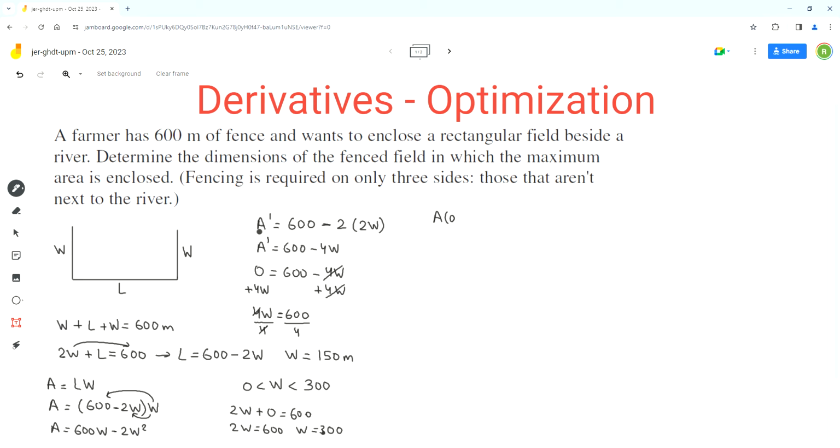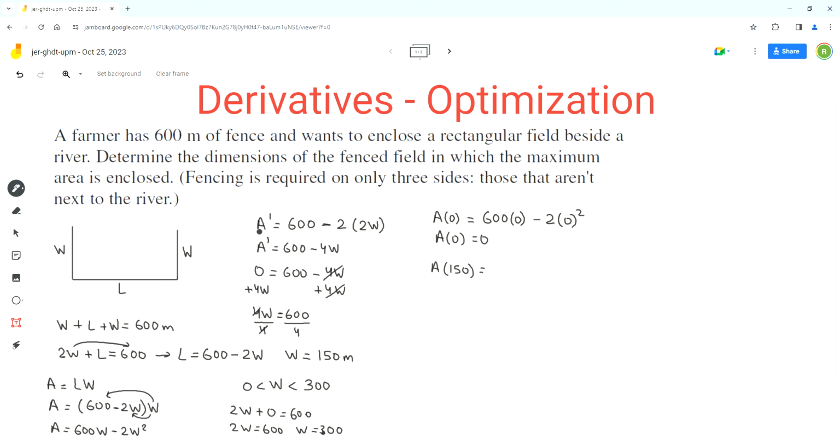So A at 0 will be equal to, so now we have to use the area function, which is 600 times 0, which is the value of W for this analysis, minus 2 times 0 squared. So this will be equal to just 0 because 600 times 0 is 0 and 2 times 0 squared is 0.